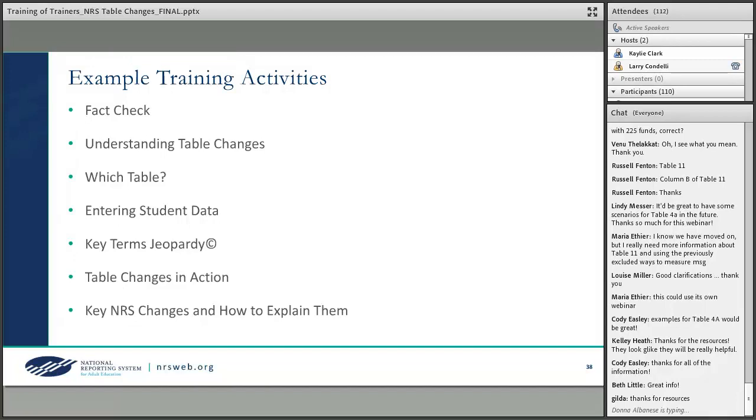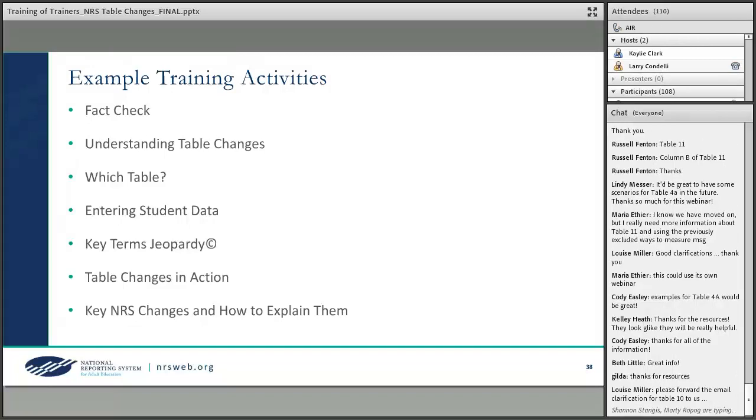So let's stick with that and understand that there are a lot of moving parts out there that even I can't keep track of. So for Table 10, it's everybody who was ever in a correctional education setting, just like we've had that rule for years now for distance education. I think that makes it simple and consistent across the whole NRS. What do you think, Larry?